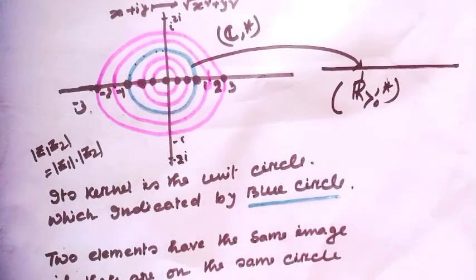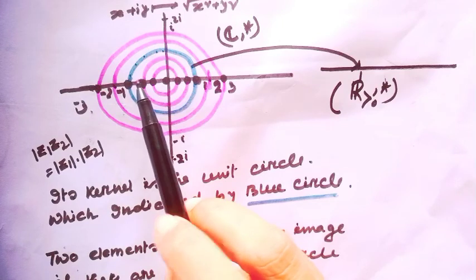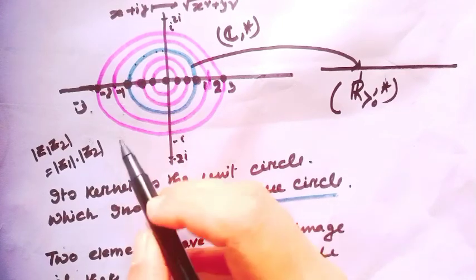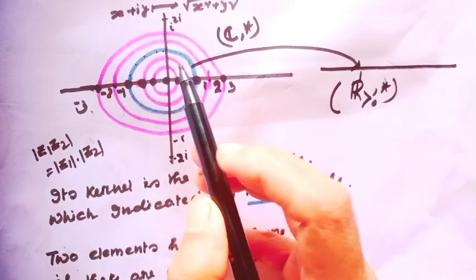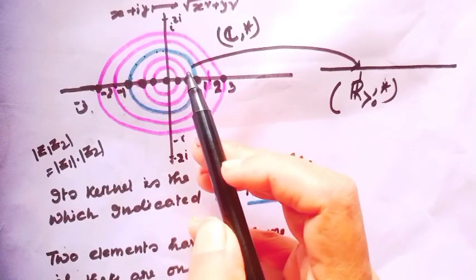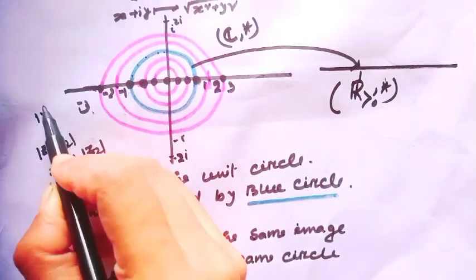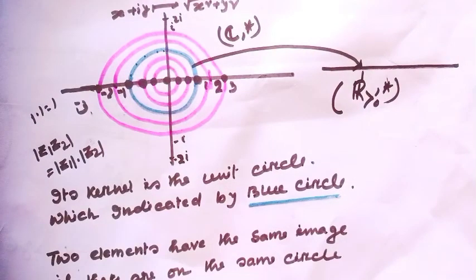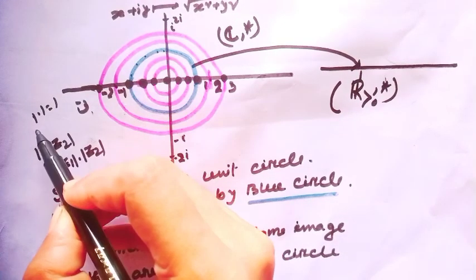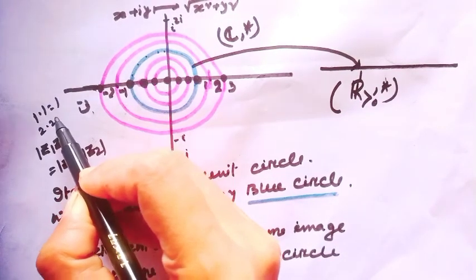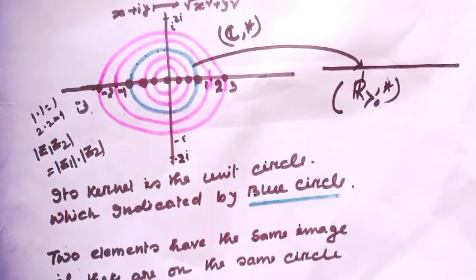Notice here the kernel is a subgroup, because if you consider two elements of unit modulus, then 1 times 1 would be 1. So this is always a subgroup. But if you consider two elements of the circle of radius 2, then 2 times 2 would be 4.